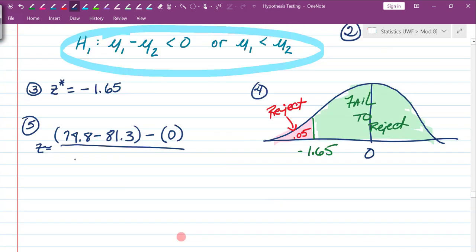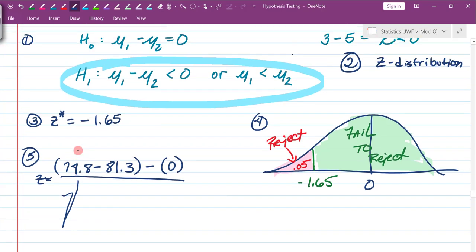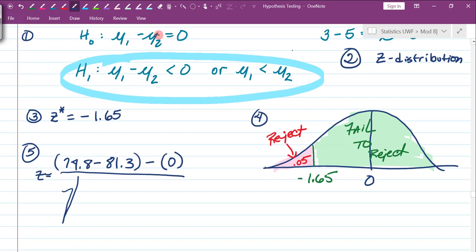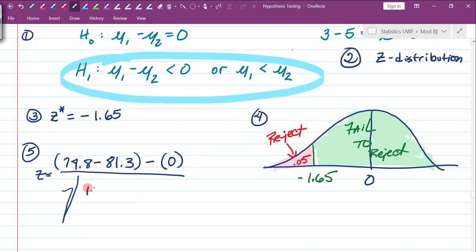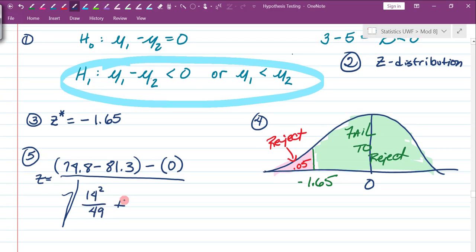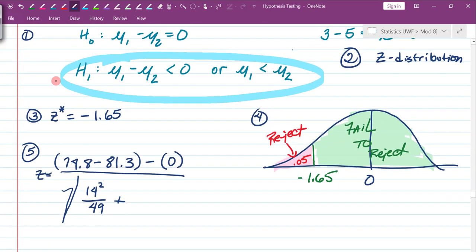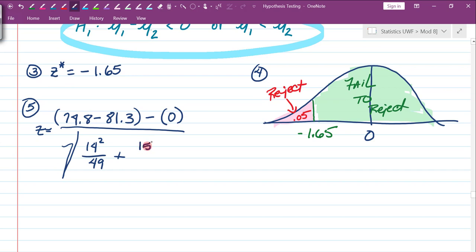Divide it by the square root of the standard deviation for population 1, 14, squared, divided by the sample size 49, plus the standard deviation for population 2, 15, squared, divided by 50, and all underneath the radical.